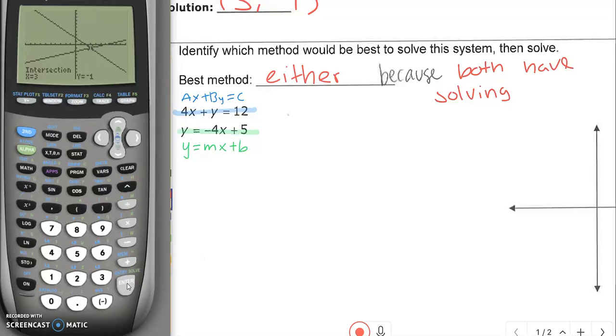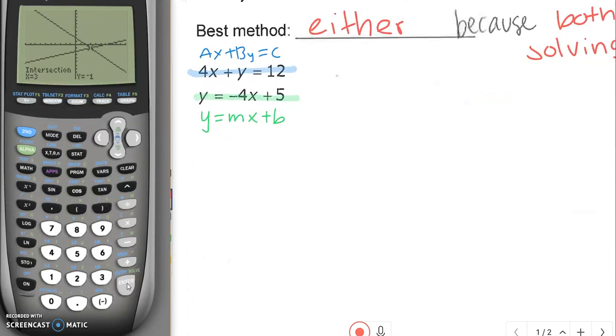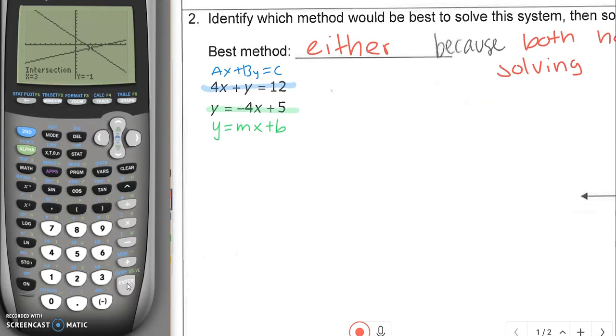Either you can graph them both and get the solution, or you can do matrices and get the solution. So I'm going to do it both ways so you can see it. My first way is changing this top equation into slope-intercept form and getting that one to graphing. So I'm going to rewrite it, 4x plus y equals 12.